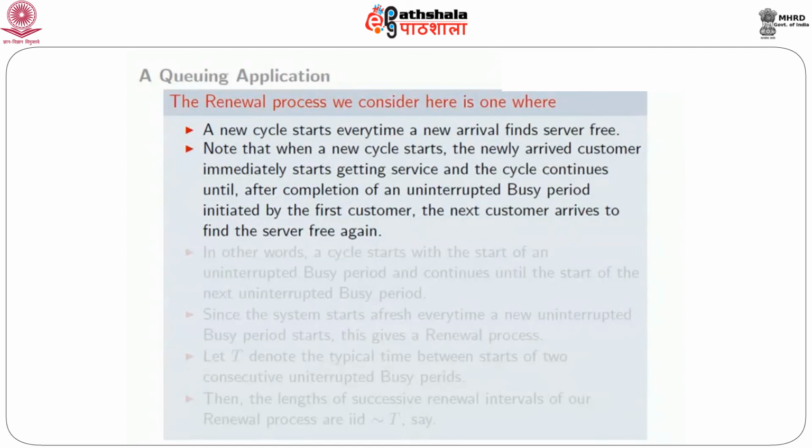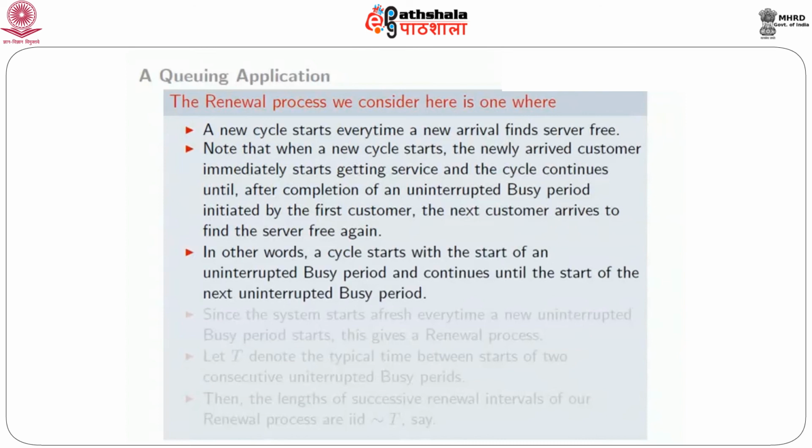We have seen this before also in the context of the Poisson process. In other words, a cycle starts with the start of an uninterrupted busy period and continues until the start of the next uninterrupted busy period.